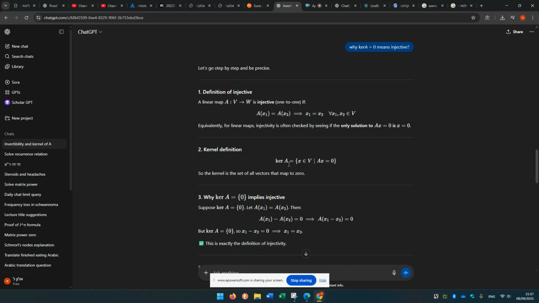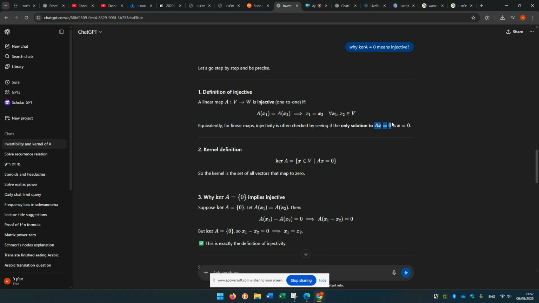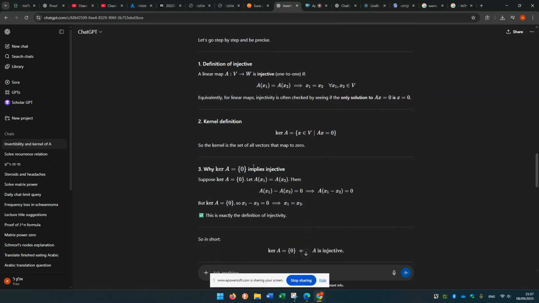So again, the kernel, by definition, is all the vectors that go through the linear map to the 0 vector. If the kernel is 0, it means that if a vector goes using the map to the 0 vector, it is the 0 vector. Remember this, very important. We'll use it now.